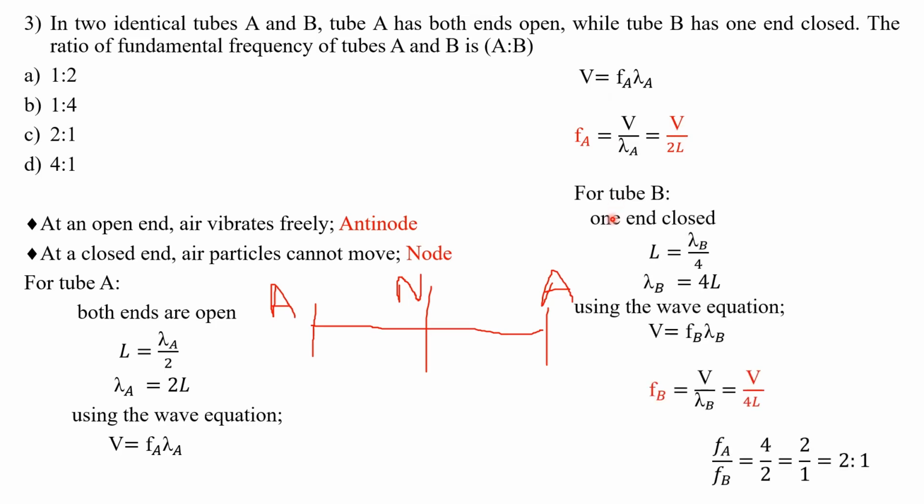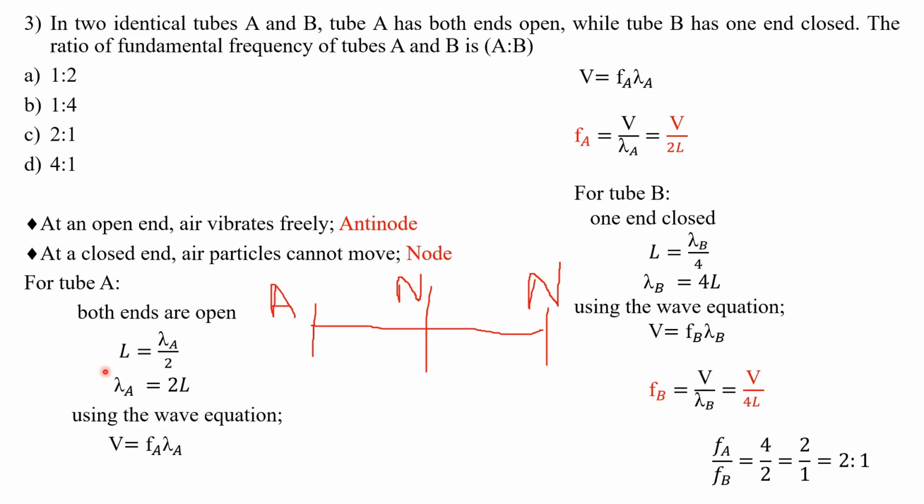So for tube B, it has one end closed. So it looks like this. One end closed, so we have a node here. Then we can use this formula and we can get the lambda B value as 4L.